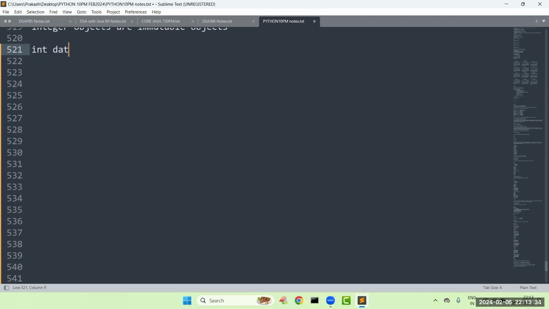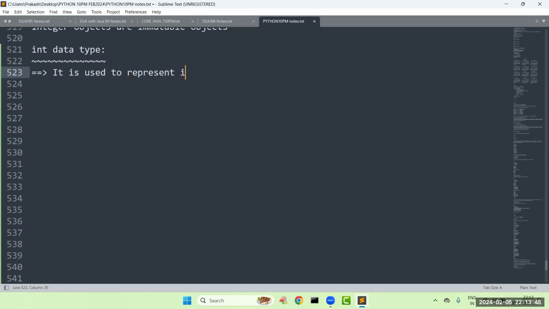The next one we have here is the integer data type, the first data type we have in Python. What is this integer data type? Very simple. It is used to represent integer values. If you want to represent integer values, then we have to go for this int type.